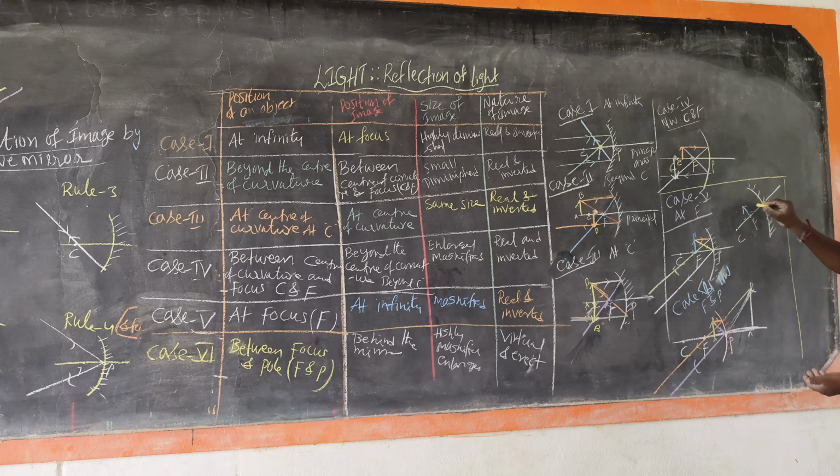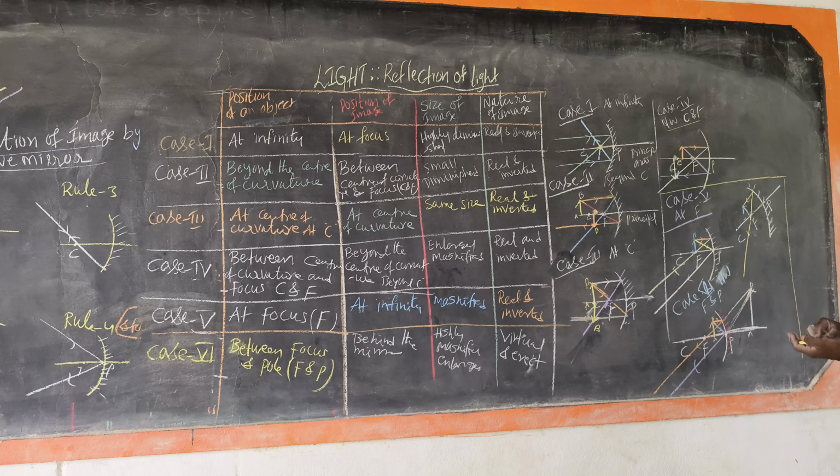First, as usual, I have taken a ray parallel to the principal axis, passing through the focus. Then I take a light ray incident on the pole, making some angle with the principal axis.